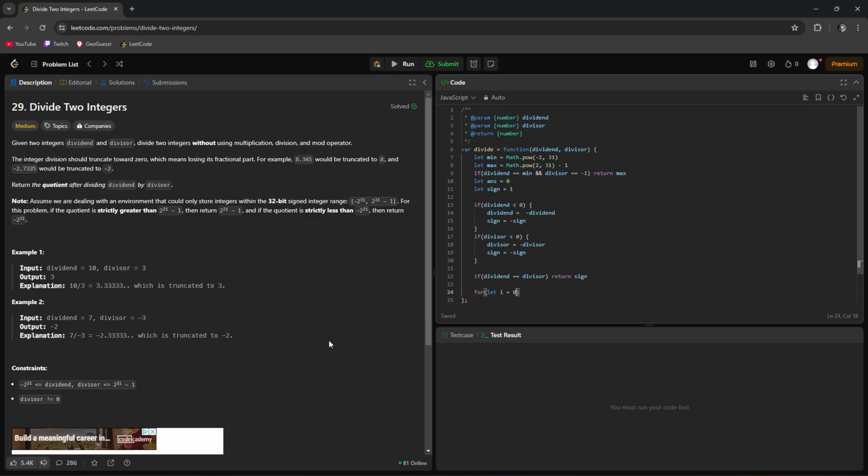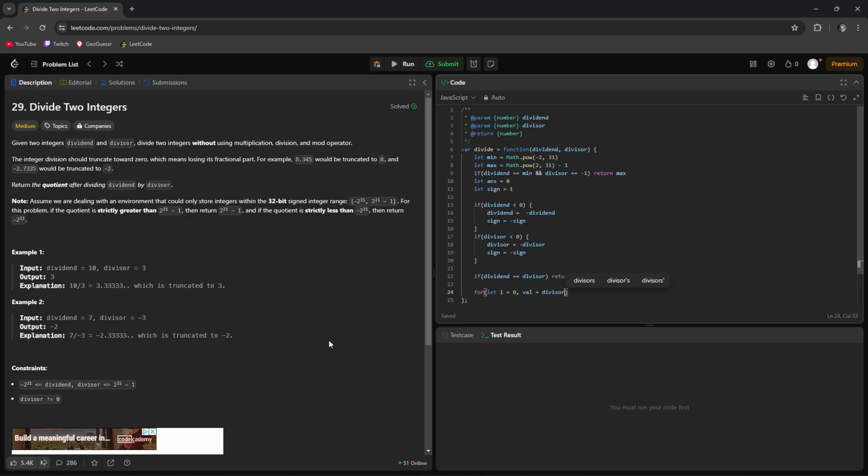Okay, what are we looping through? We need a val, equal to divisor. Because we can't just subtract 2 from 2 to the 30th.